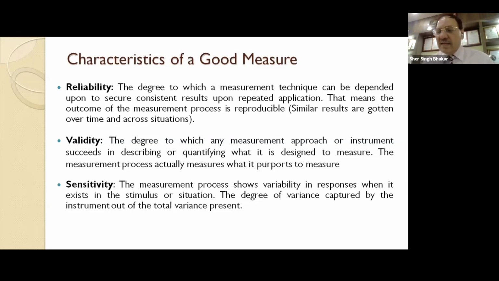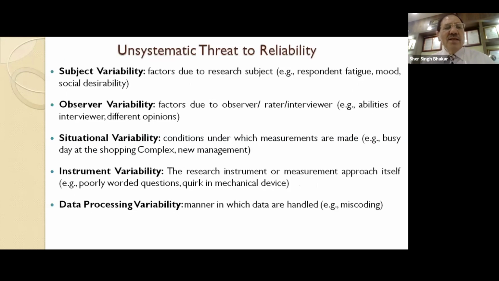You should use correct sensitivity, and not low or high sensitivity. So reliability, validity, and sensitivity, all three are important for measures to ensure that the measure would give you correct results.